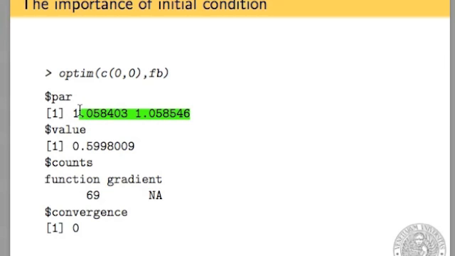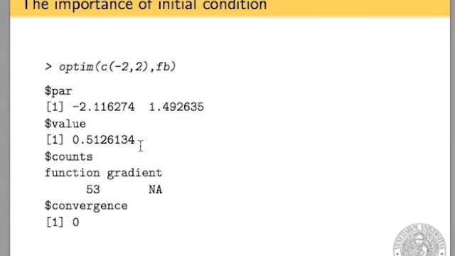The minimizer is at the point 1.06, 1.06, at which your function takes a value which is very close to 0.6. But if I start from another starting point, for example, if I start from -2, 2, I reach another local minimizer.